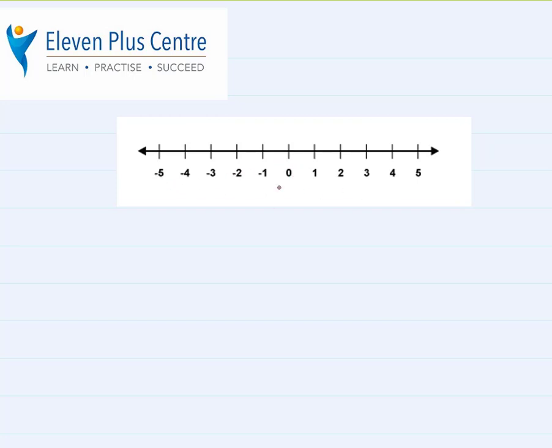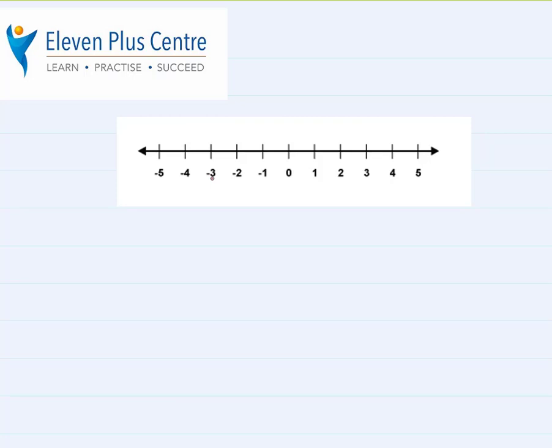As you can see with the 0 in the middle, as we go further to the right, these numbers get bigger. And as we go further to the left, these numbers get smaller. So, just like 5 is greater than 3, in the same way, -2 is bigger than -3.